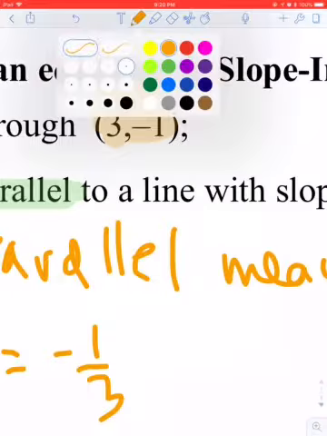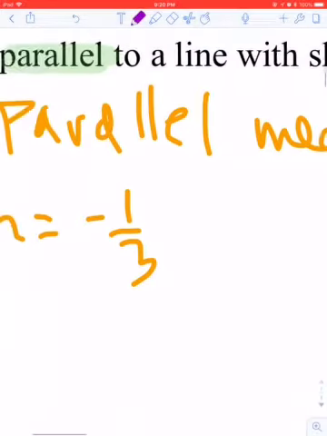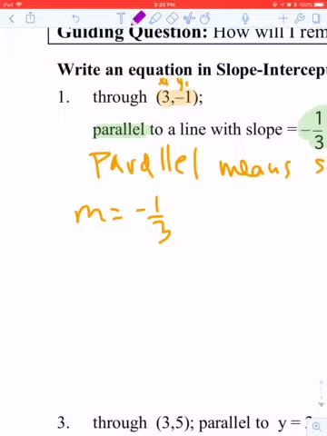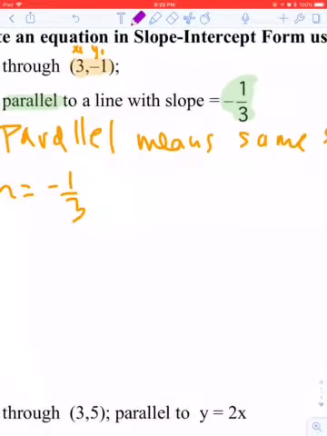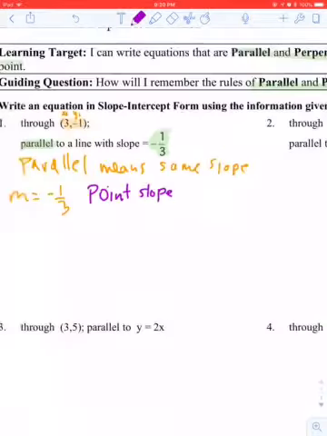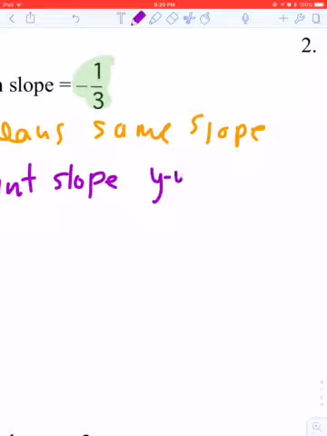So now you just plug it into your point slope form and make it into slope intercept. So remember your point slope is y minus y1 equals m(x minus x1). That's your point slope.